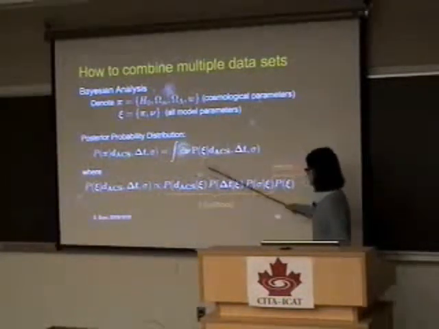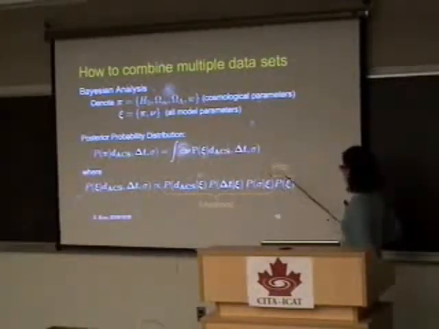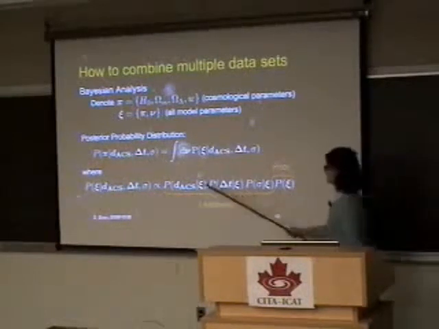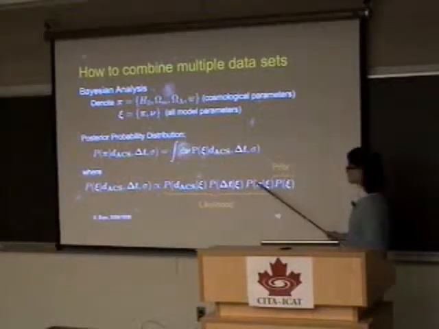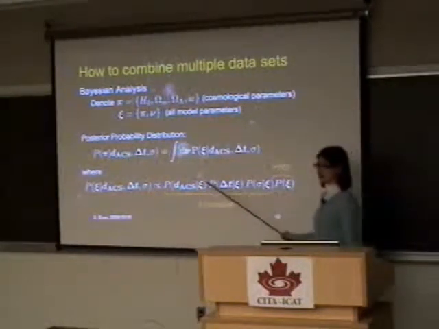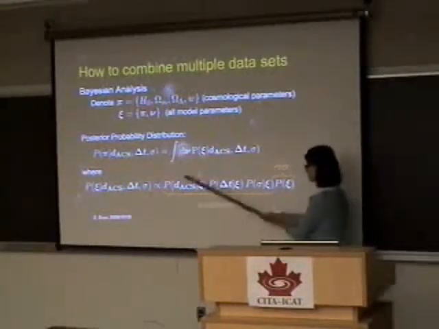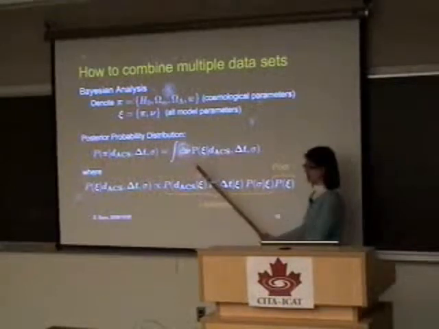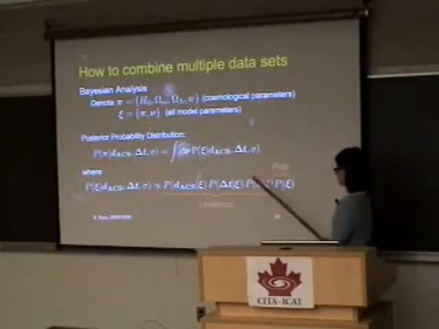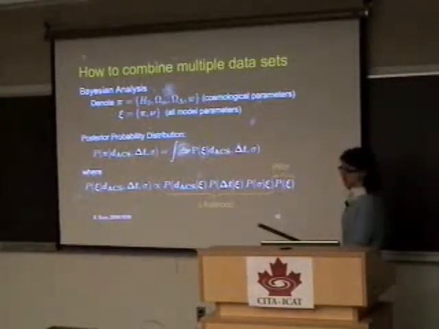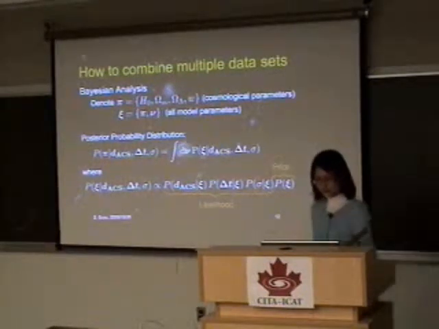Our Bayes' rule is the likelihood times the prior, and the likelihood splits up into three terms because our three data sets are independent. I don't want to go into the details of how we actually compute this likelihood. It is doable. What I'll focus on is the various forms of prior that we use.